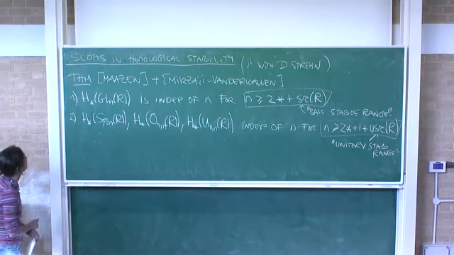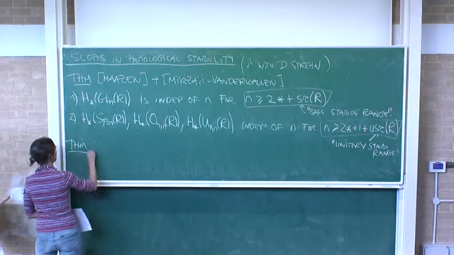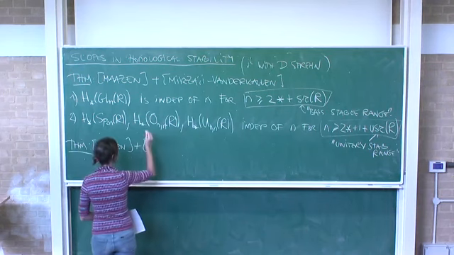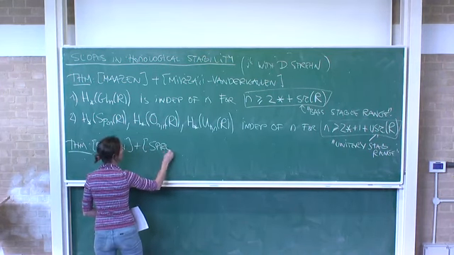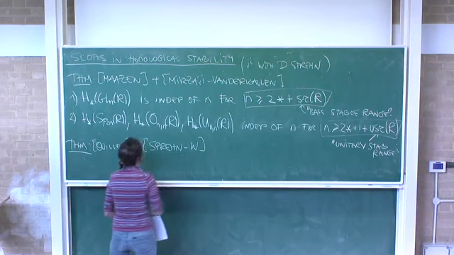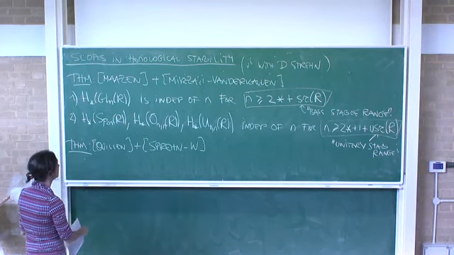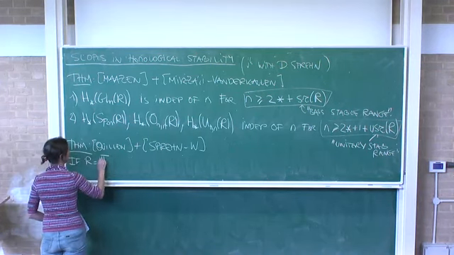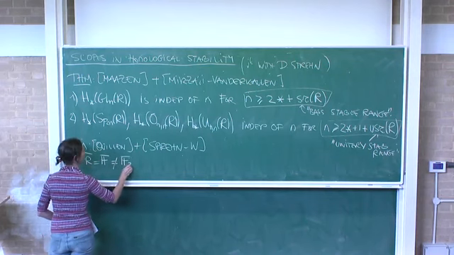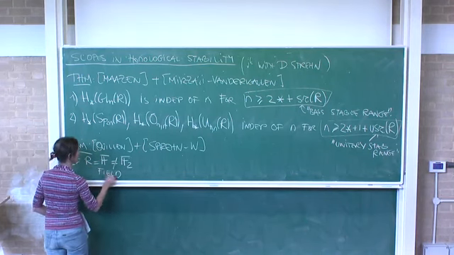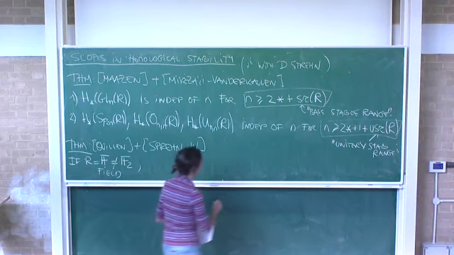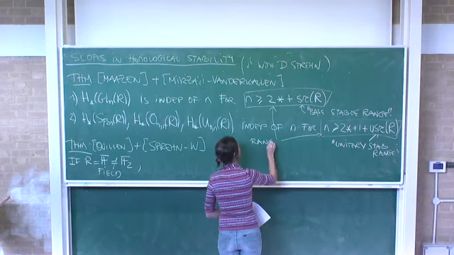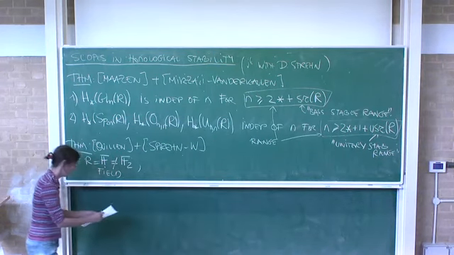So here's another theorem, Quillen, and then this work with David Sprehn. And what we say is if R is a field which is not F2, this is the range in which stability holds.